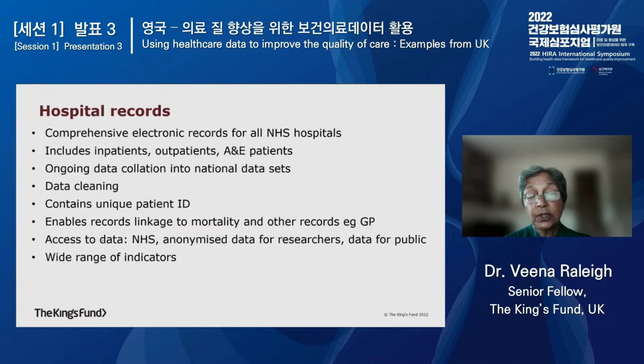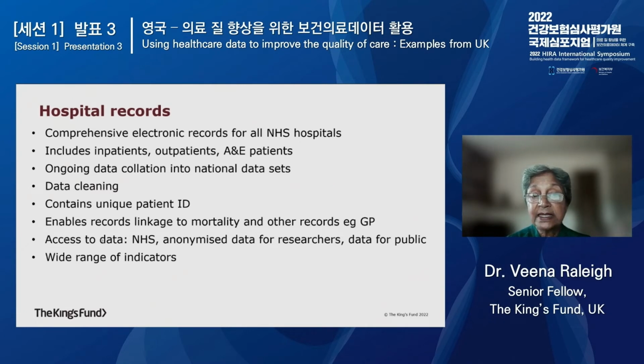In the UK, we also have electronic health records for all NHS hospital patients, covering inpatients, outpatients, and A&E, that's accident and emergency patients. There's ongoing data collection, and the data is collected into national data sets, which are then cleaned. All these data sets include a unique patient ID that can be used for record linkage to mortality and also to other health records like GP records.